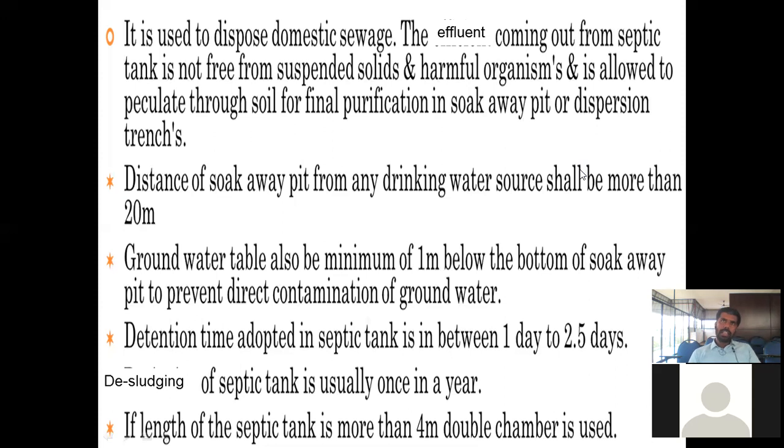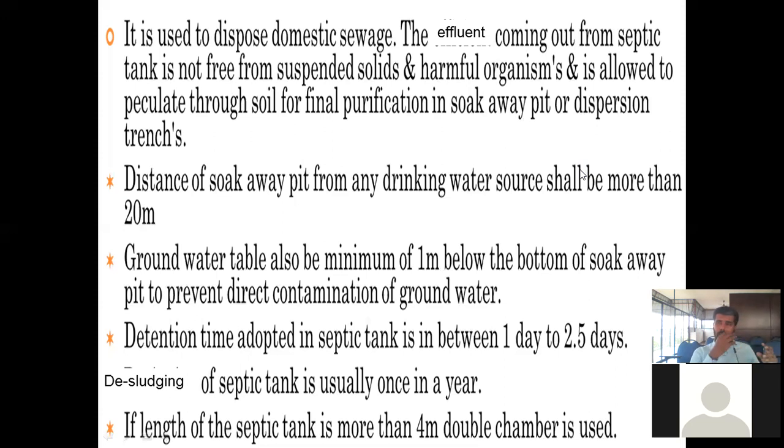Which means the waste and water from the water closet is initially stored in the septic tank, and from there the water will overflow to a pit called the soakaway pit. The soakaway pit is constructed in such a way that it should absorb or percolate the water, and then we call it final purification.